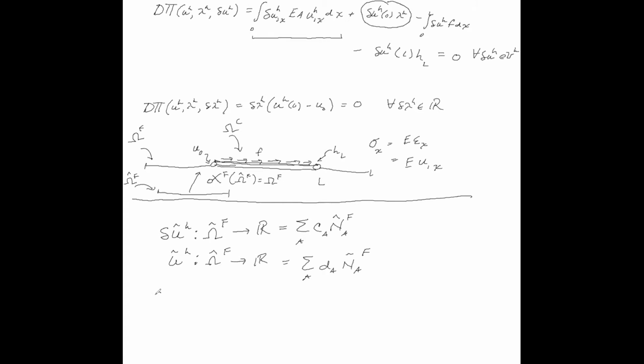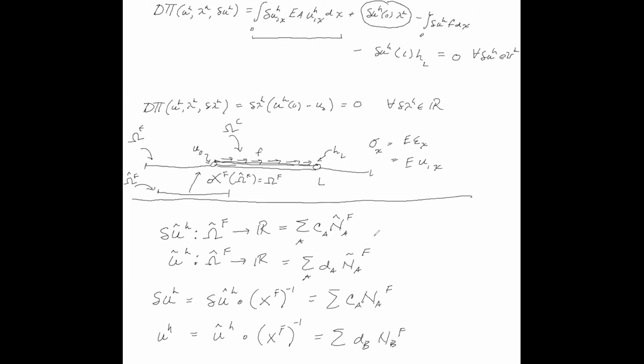So we're going to actually write our final values that we're going to plug into our Galerkin form as delta U hat H composed with the inverse of our mapping, which then can simply be written as sum of c_A N_A^F, and U^H similarly as U hat H composed with the mapping inverse is equal to sum of d_B N_B^F.